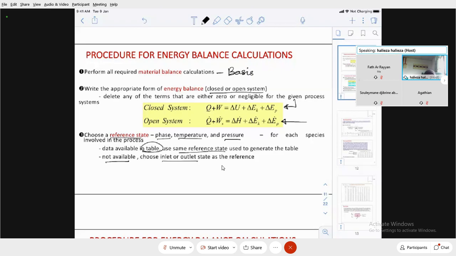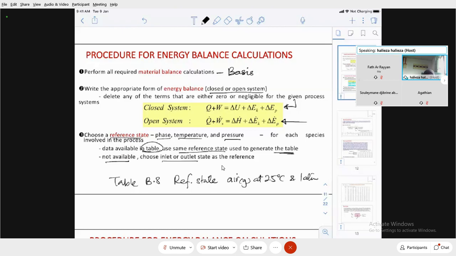For example, just now, table B8, the reference state is given inside that table. It is stated that, for example, we are looking at A, so you write down A, gas, at 25 degrees C and 1 atm. You have to write it down according to where you get your source of data from. Okay, your reference state must be the same as the table that you get your data from.